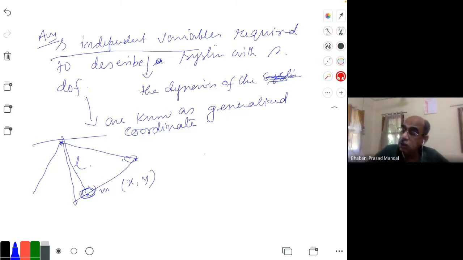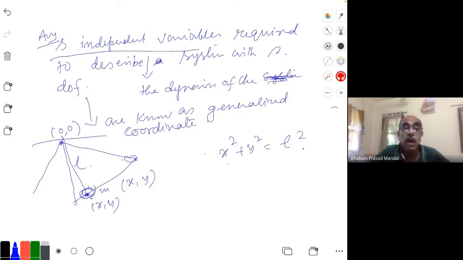If this is my origin, 0, 0, the constraint equation is x square plus y square equals L square, where any point is xy. This is the distance from 0, 0 to the xy point, and that should be L square. So that is fixed. But these xy are Cartesian coordinates, and both are not independent. Also you know that this system has only 1 degree of freedom, because the motion is in the xy plane, so the degrees of freedom would be 2, and then the constraint is 1.